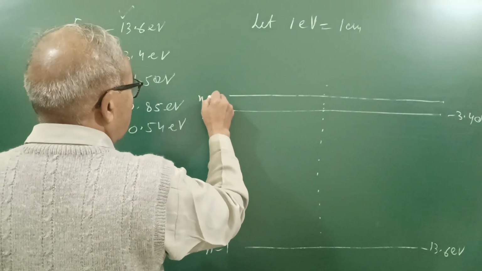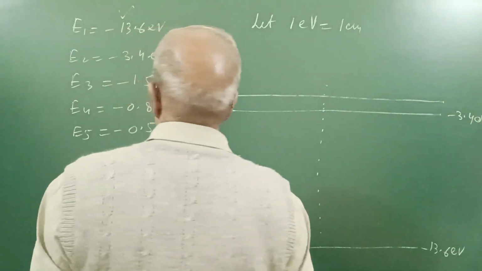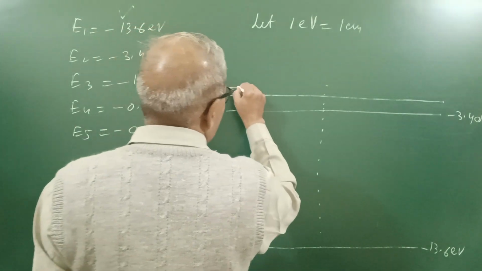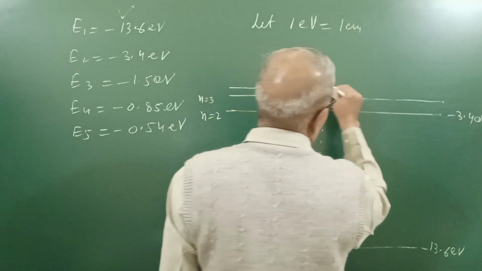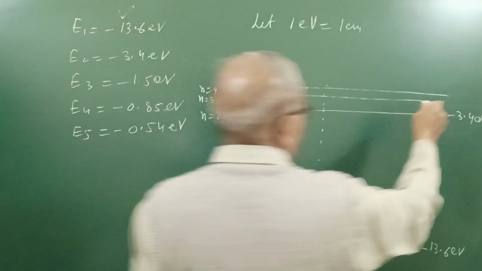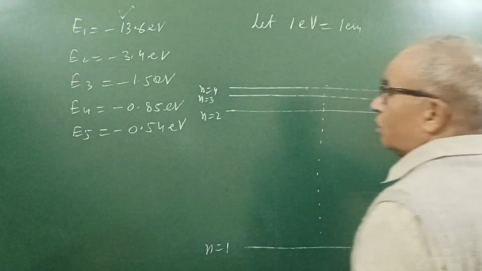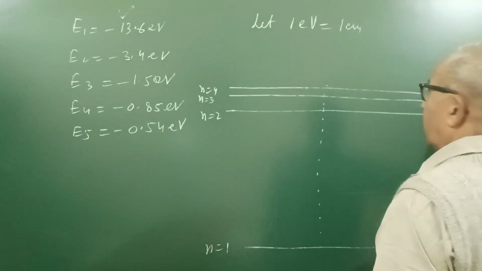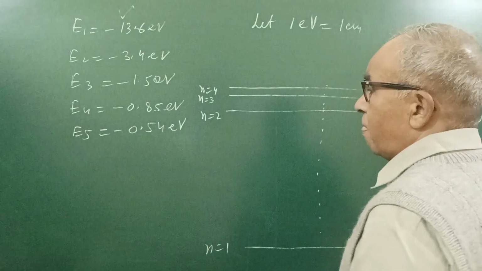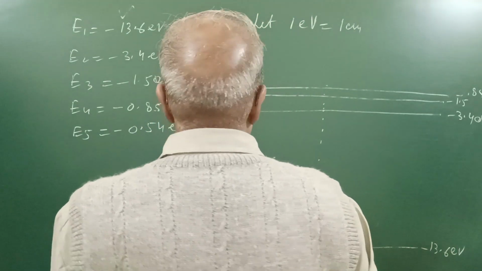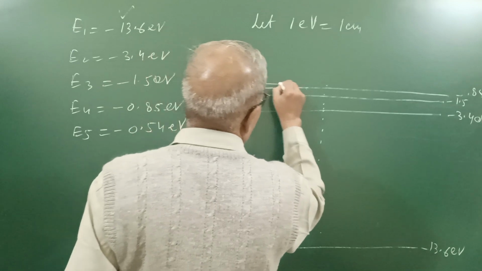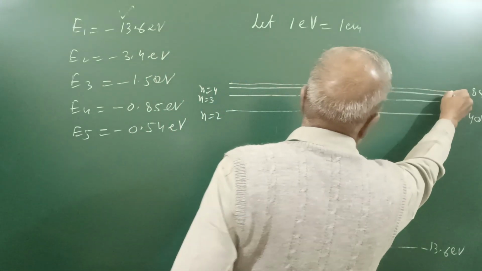N equal to 3. N equal to 4, the difference 0.7, less than 1 centimeter. Then n equal to 5: minus 1.5 minus 0.85, this difference is only 0.31, less than half centimeter.